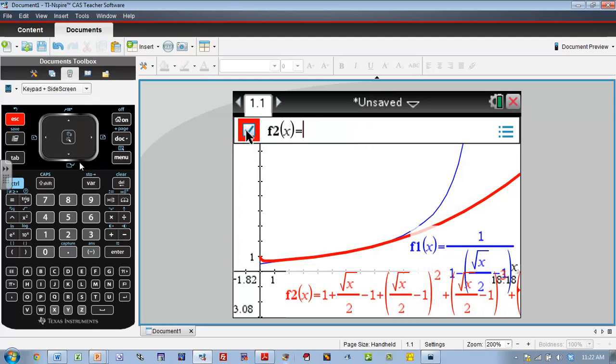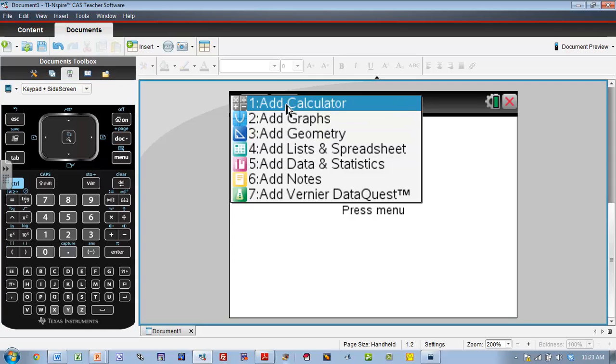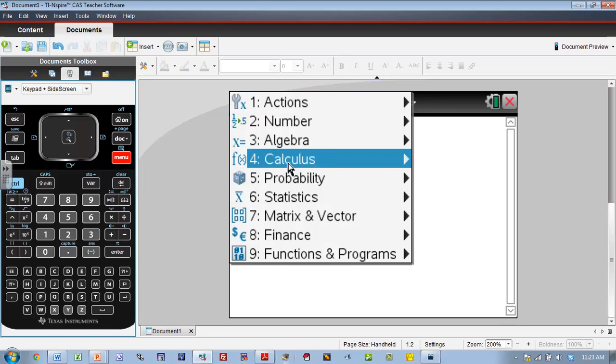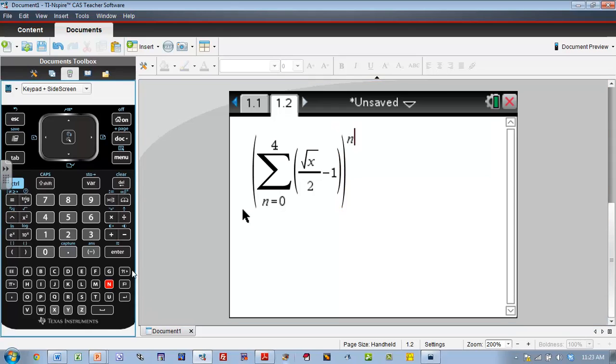What's the worst that could happen, right? So let me add a calculator page. Let me put from the calculus menu the sum from n equals 0 to 4, and then I'll put in here that expression that we had before, and make this to the nth power.